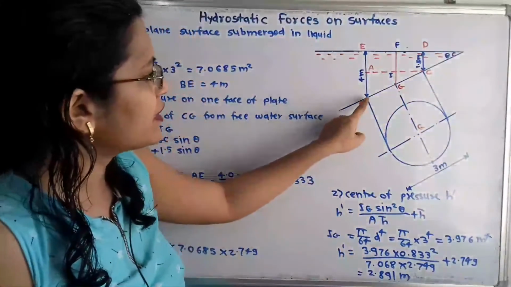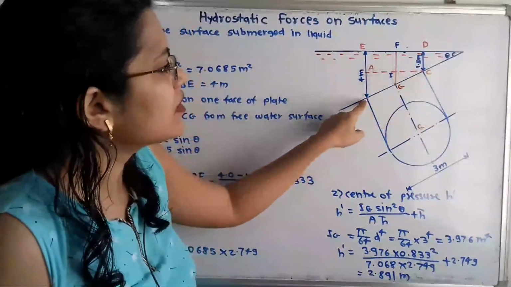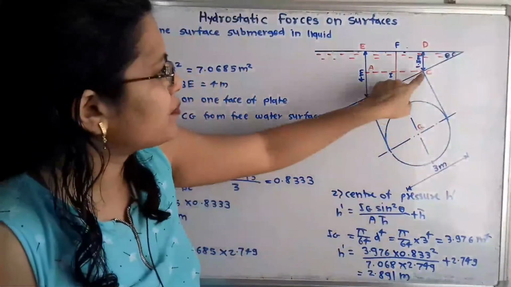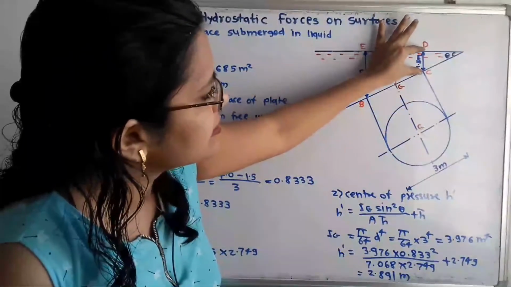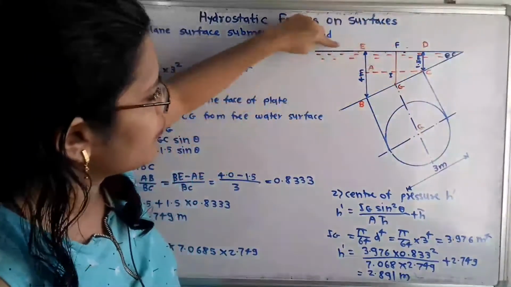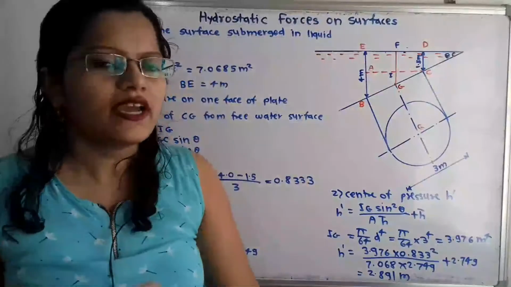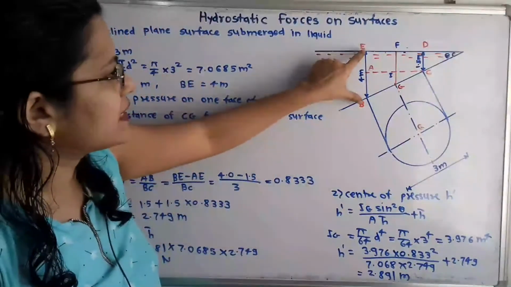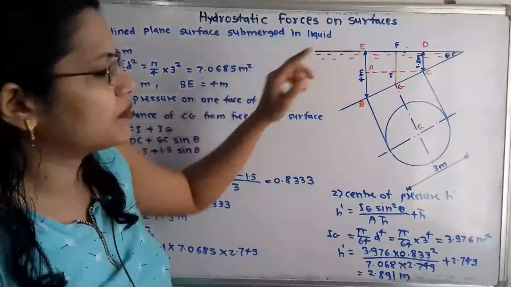So this edge B to C is the edge for the circular plate. At point C is the least depth from the free surface of water, that is 1.5 meter, and at point B, the bottom point, is the greatest depth, that is 4 meter.